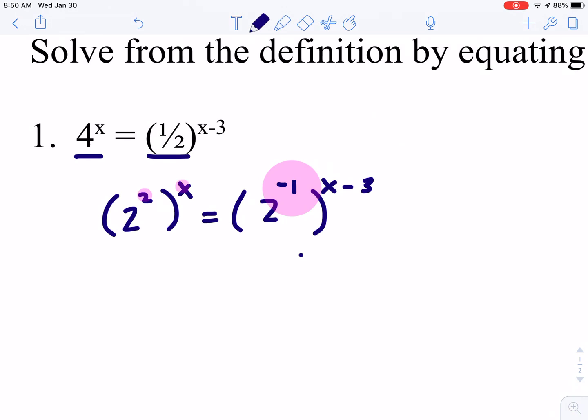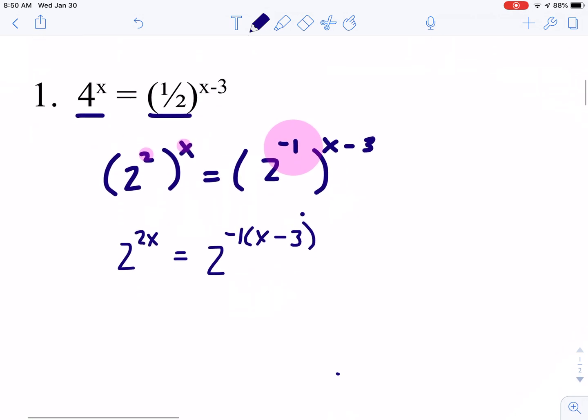So this gives you 2 to the 2x, which equals 2 to the negative 1 times x minus 3. So when you raise a power to a power, you multiply them. And we spent some time learning that, and I can go through that with you again if you need to in class.